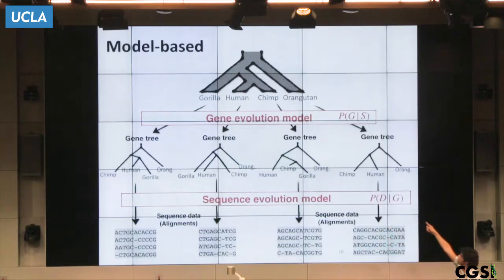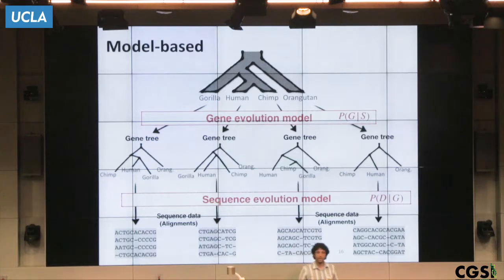That species tree with some model of gene evolution defines a distribution over trees. So you need a model that, given a tree, defines a distribution over trees, which are your gene trees. This we are going to call the gene evolution model. And then you need a sequence evolution model, which, given each of these gene trees, generates sequence data.